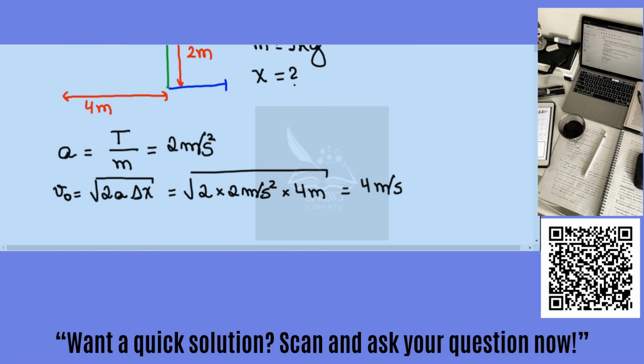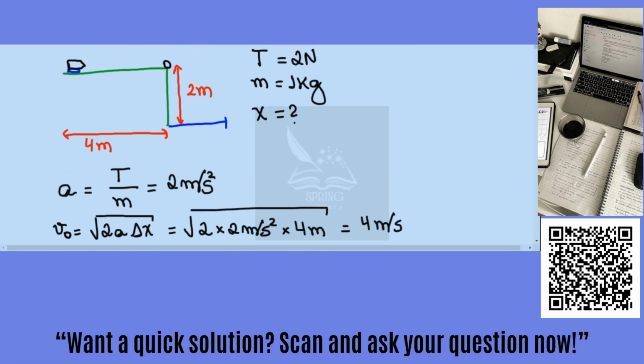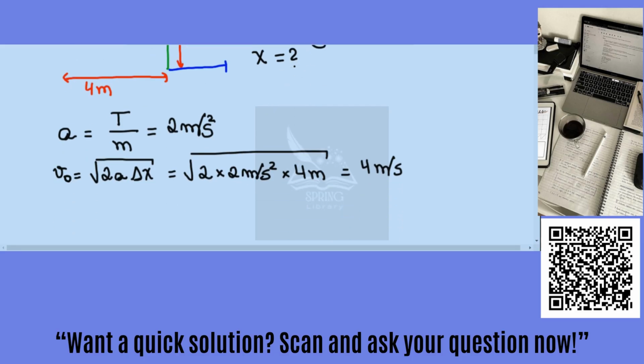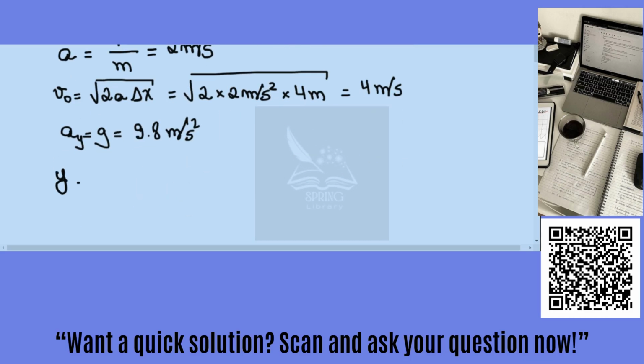This is the speed when the system, rocket plus puck, reaches the edge of the table, and then it starts to fall. Notice that in the y direction, the only force is the gravitational force, so the acceleration in the y direction is the gravitational acceleration, which is 9.8 meters per second squared. So y, the y coordinate, is equal to g times t squared over 2.